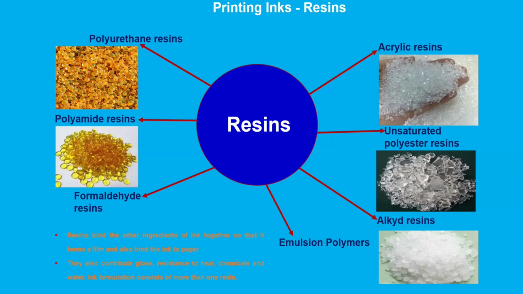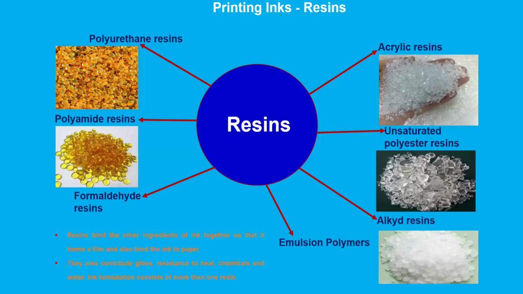In red, we are using lithol red, and then green, cyan, and multiple other pigments. Similarly, we are also using binder resins, based on the requirements of the customer and the substrate. We are using multiple types of binders.